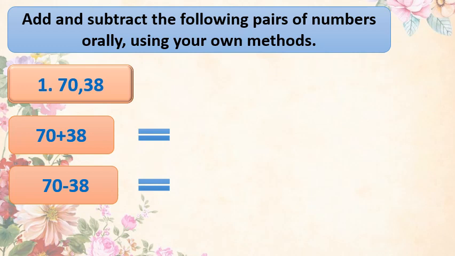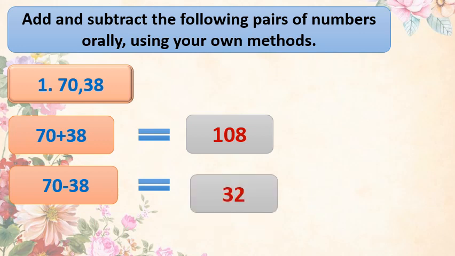So 70 remains as it is and 38 means 3 tens. Correct? 70, 80, 90, 100 plus 8, 108. Isn't it? Yes, 70 minus 38. Again 3 fingers you can take: 70, 60, 50, 40. Okay, 40 minus 8, that is 32.